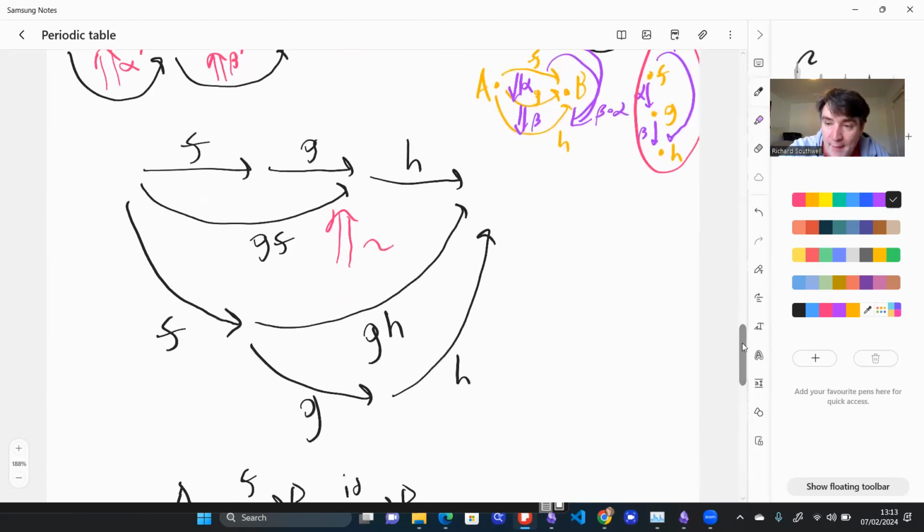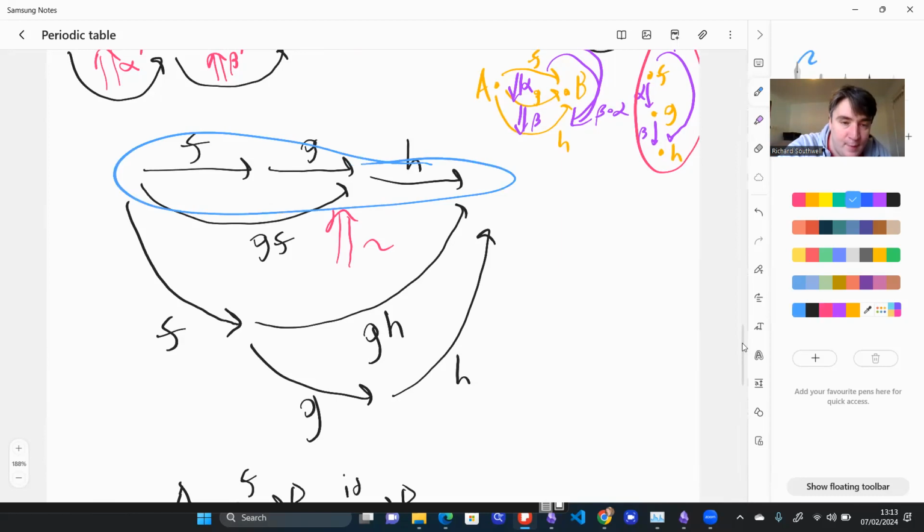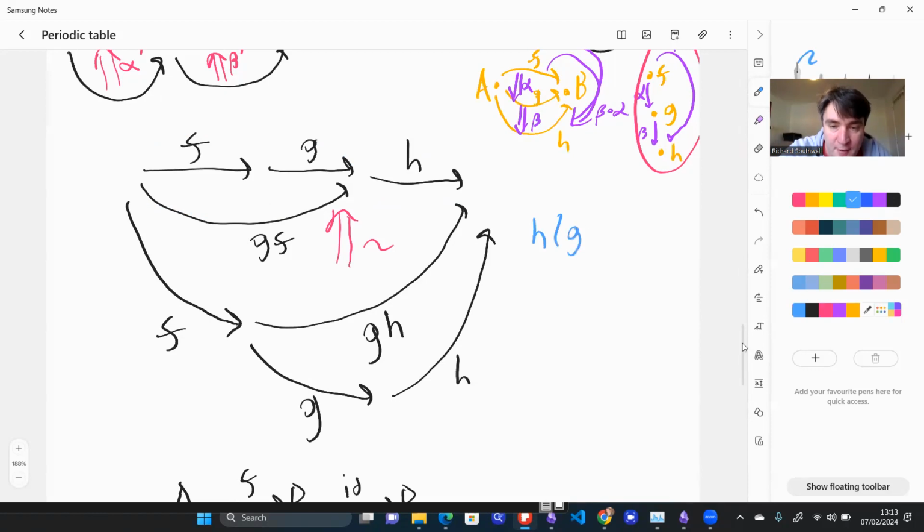So ordinarily, if we have a category and we have 3 composable arrows like this, then we're going to have this associative law. So we're going to have that H after GF is equal to HG after F. That's just the ordinary associative law.